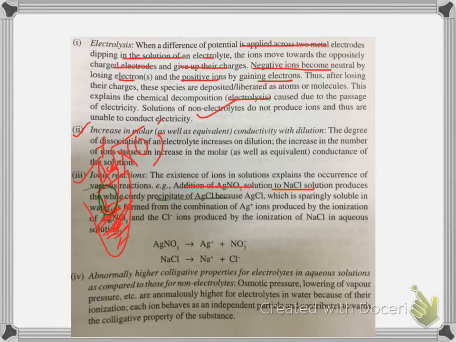AgCl precipitation takes place. This also supports the statement that when dissolved in water, electrolytes become independent ions. That was one of the first proposals of Arrhenius that is supported by these observations.